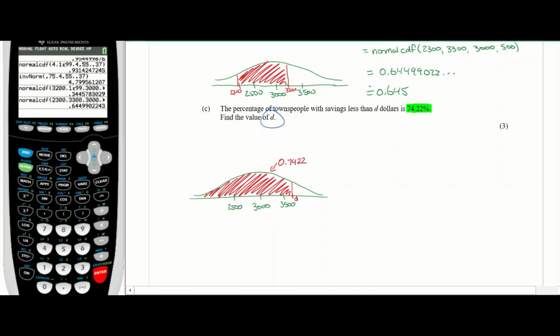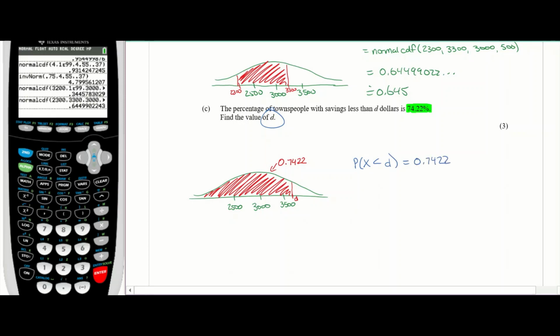So this area is 0.7422, and because we're looking for the area below a cutoff, there's nothing I need to change, no values I need to subtract. I'm already looking for something below a cutoff, so I can just do the inverse normal as I normally would. So I'm going to give a probability statement. What I've been told in the question is that the likelihood of being below a cutoff of D is, I'm going to translate that percentage into a probability.